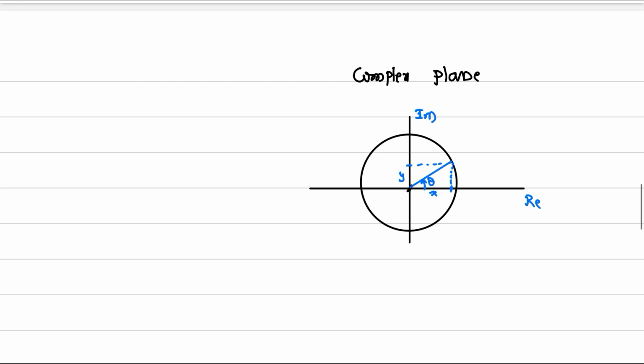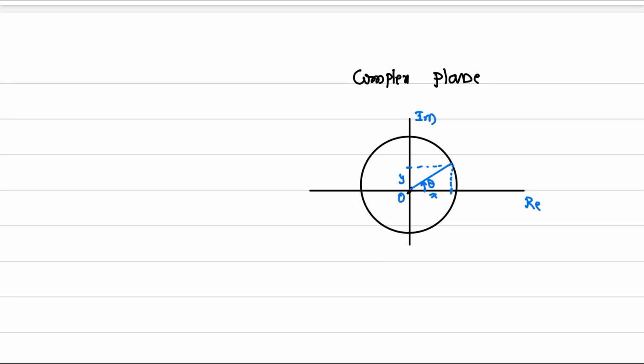This is point P, OP is equal to Z is equal to x plus iy. This is how a complex number is represented in the complex plane.